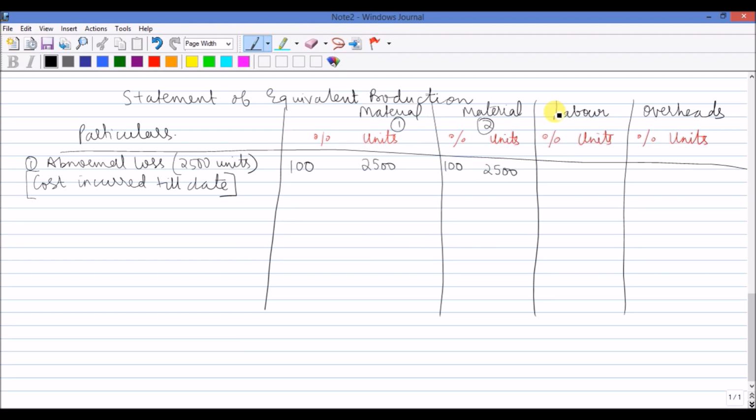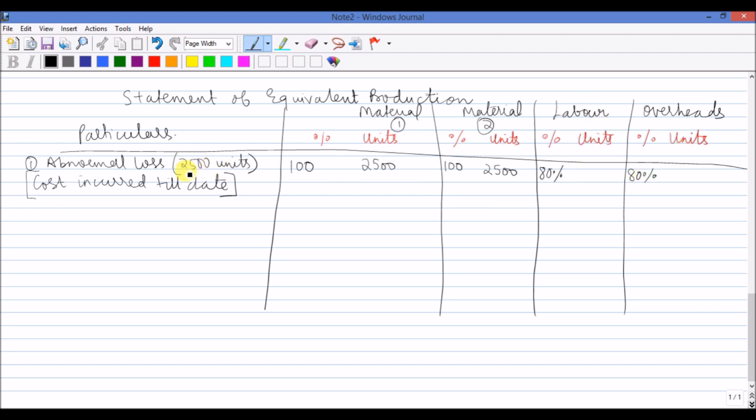Now what we are going to do is labor and overheads, where the work is done up to 80%. In other words, 80% of the work is done on labor and 80% of the work is done on overheads.